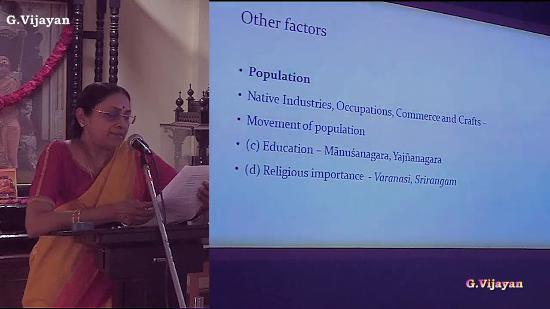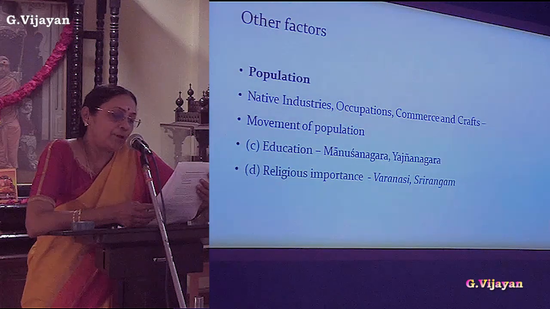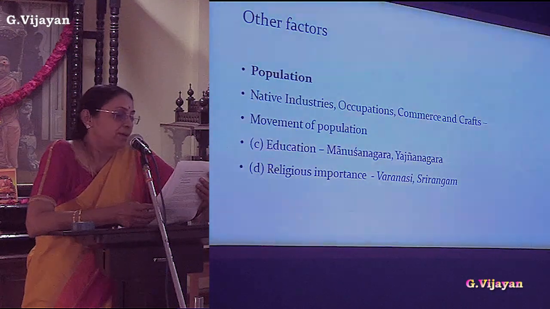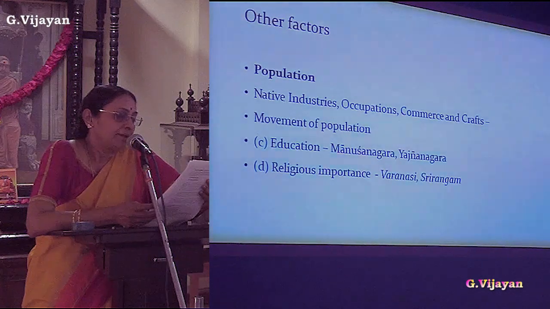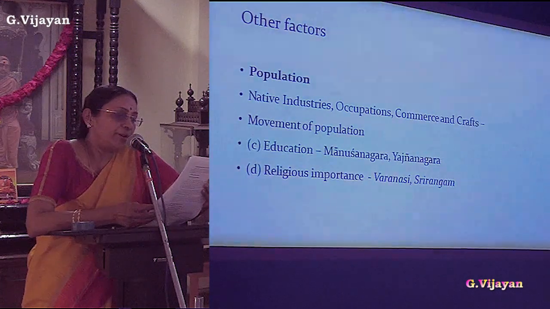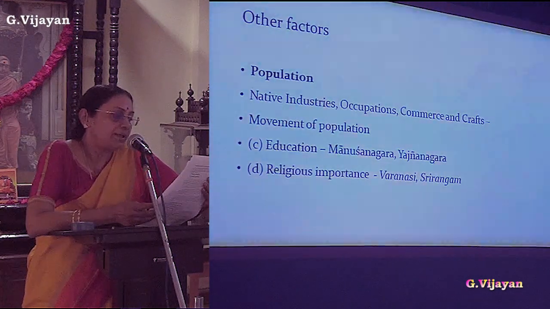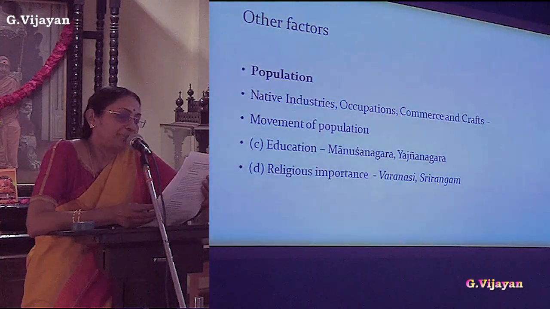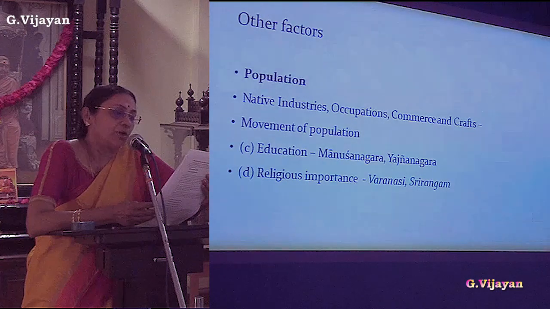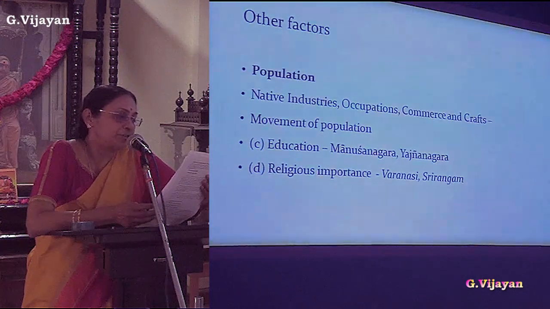A striking example of a Pattanam situated at the point where River Kaveri meets the sea is Kaveri Pumpattinam in Tamil Nadu. Another example of a trading port situated along the seaside or on the bank of a river is the Karmuka Nagara. The city shaped like a Karmuka or bow is said to bring prosperity to the king.